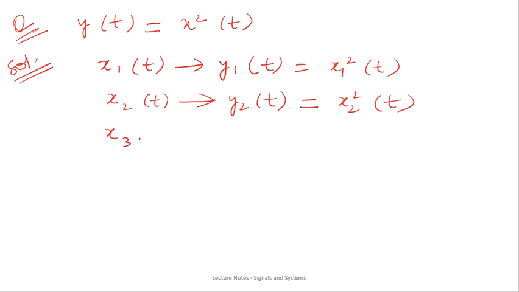Then you take one more input, represent its output as y3, and write the expression for the output according to the relation given in the problem.